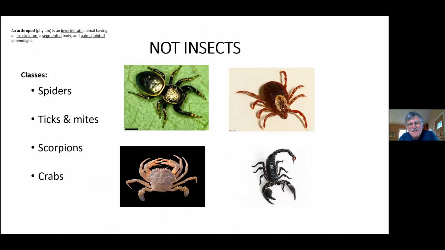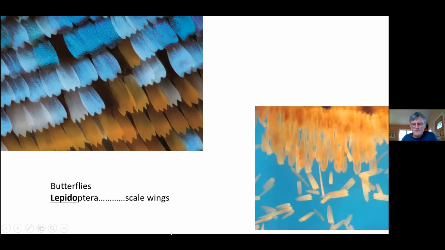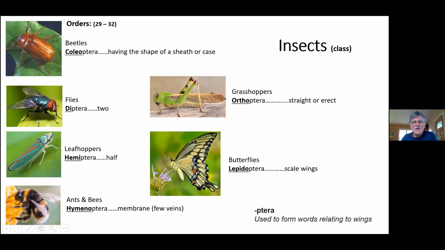These are not insects. Ticks are not insects, thank God. Neither are spiders. These all are insects. These are butterflies, obviously, but these are all classes, okay? So it goes class, order, family, genus, species.